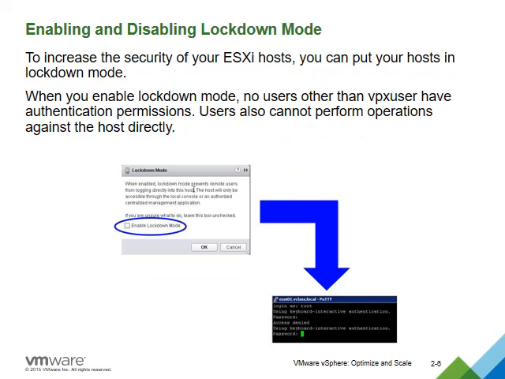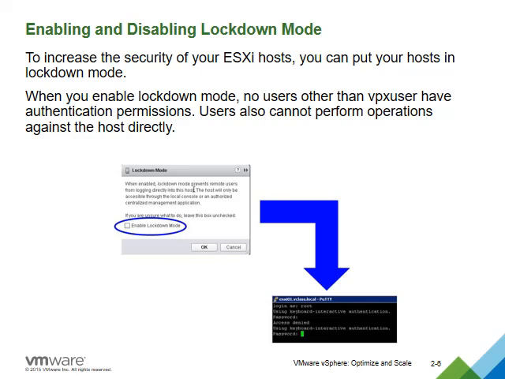When enabling and disabling lockdown mode, lockdown mode forces all of the operations to be performed through your vCenter Server. When the host is in lockdown mode, you cannot run any commands from your VMware vSphere command line interface, or vSphere CLI, from an administrator server or from a script.